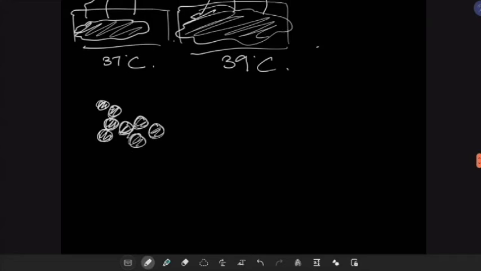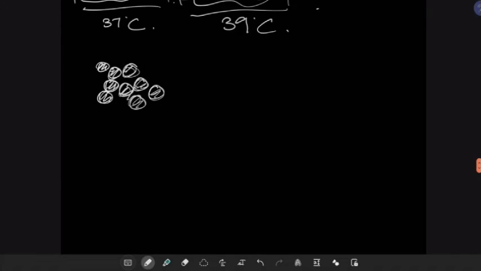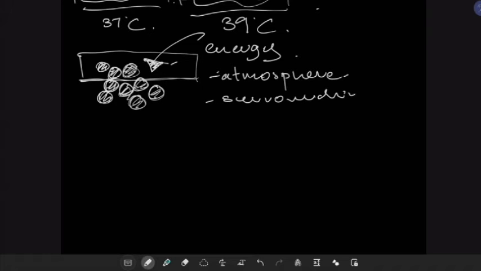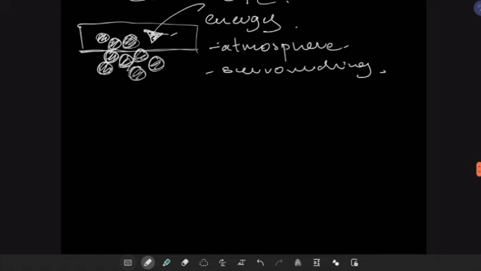But for now, all you have to understand is that the particles of the surface, which is over here, gain energy from the surrounding. From, let's say, just the atmosphere, just anything, there's nothing in particular, just the surrounding. That is the most general way to put it. So the surface particles will gain energy from their surroundings.